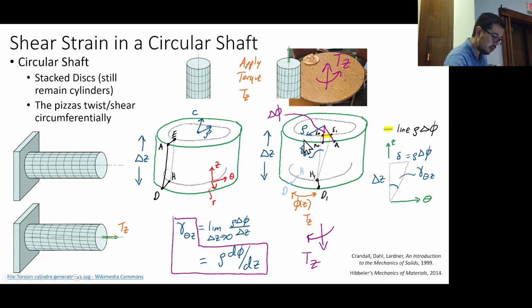They move over by that, but since they're a little further up than this plane that has D and H in it, from the bottom of the pizza to the top of the pizza, they also rotate a little bit more. Because as we said, the longer your length, the more twist you're going to have.